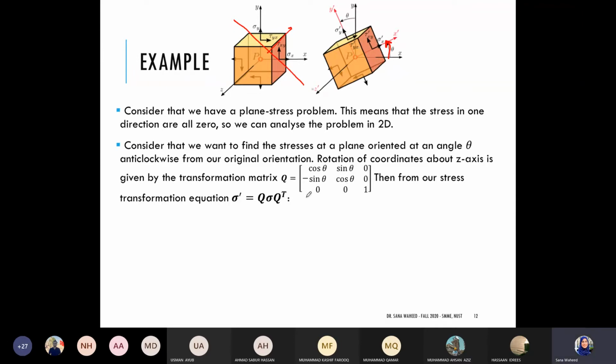So the transformation matrix of this kind of coordinate transformation is given right here. Q is actually equal to this thing: cos theta, sin theta, minus sin theta, cos theta, and the z terms are these two 0 and z one just 1. This rotation matrix right here, or transformation matrix right here, is representing an anti-clockwise theta rotation about the z axis.